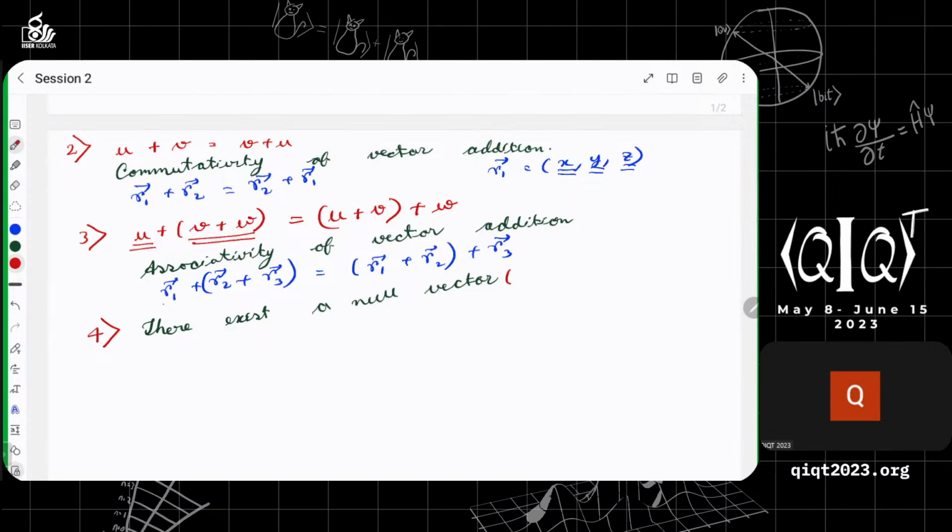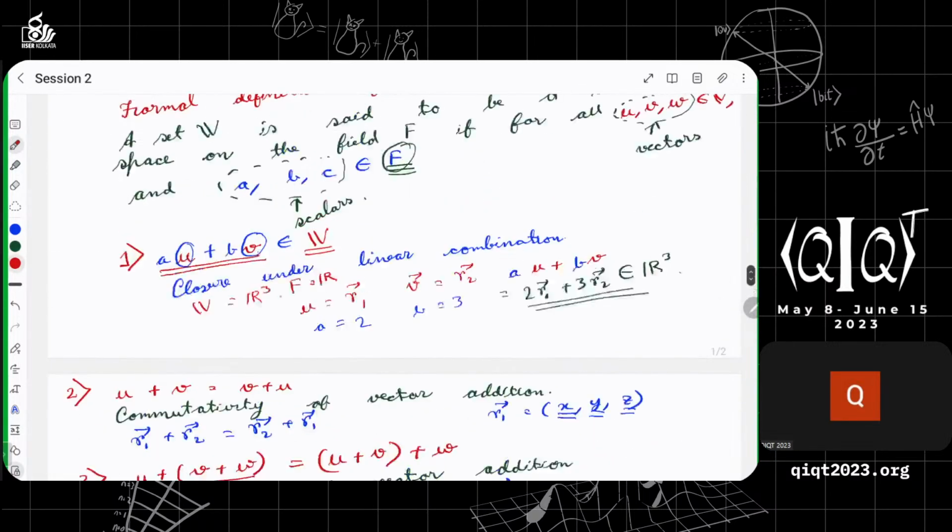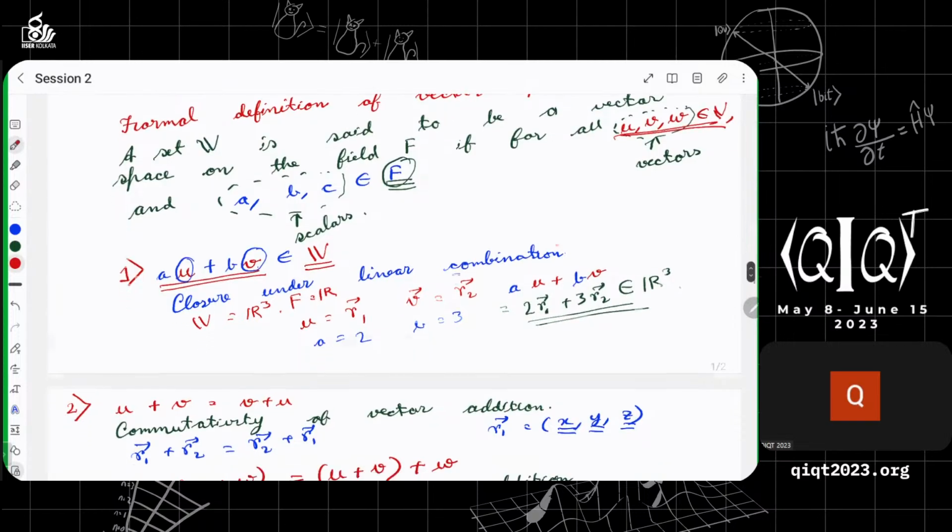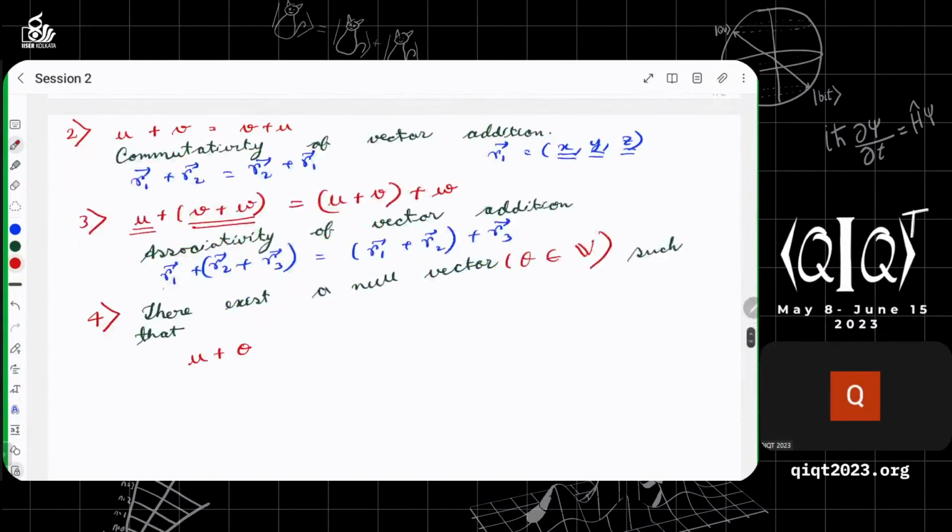And theta belongs to the vector space, the null vector will also be a part of the vector space, such that u plus theta. So u, v, w, as we had defined before, these are elements of the vector space only, or of the set V only. And so if you add the null element to u, it will remain the same, and it will be the same as theta plus u.